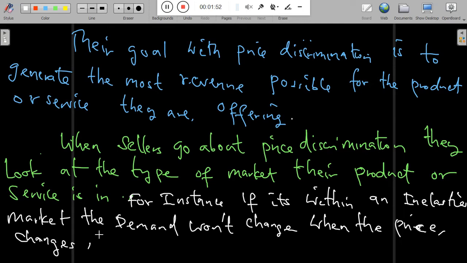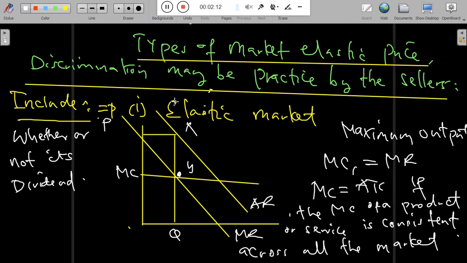In an inelastic market, the sellers may apply discrimination knowing that an additional unit of price may not lead to any change in consumers' purchases. So under inelastic demand, when the price changes by any amount, the quantity demanded does not change by a big amount.